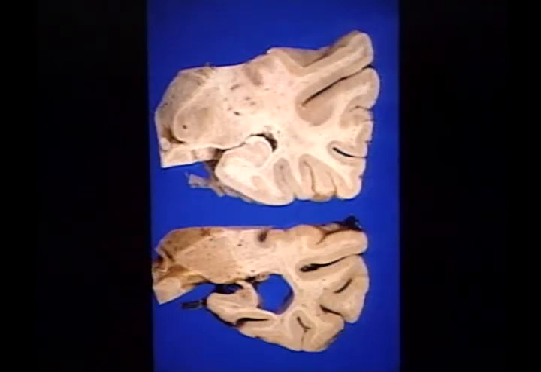In order to get information into long-term storage, you not only have to have these hippocampal nerve cells functioning properly, but you also have to have a proper balance of neuromodulators, such as norepinephrine and serotonin, affecting the performance of those nerve cells in the hippocampus.